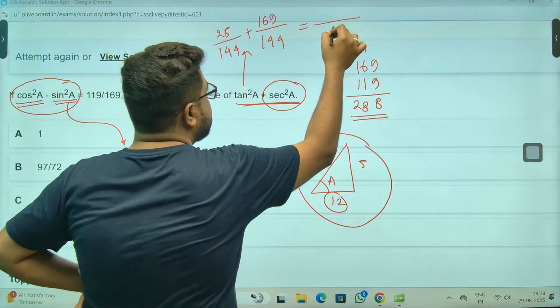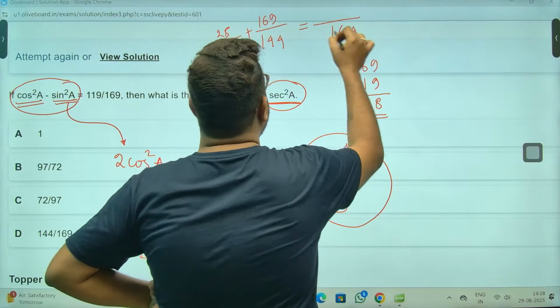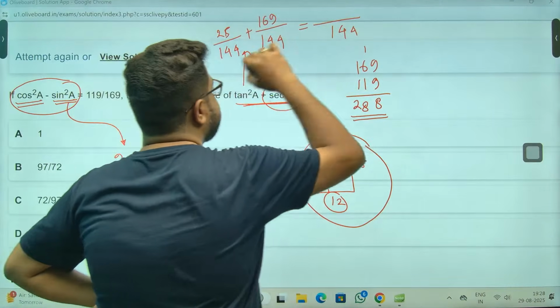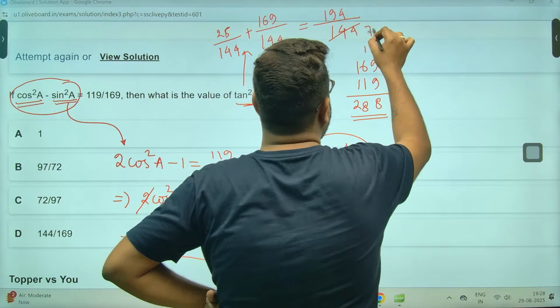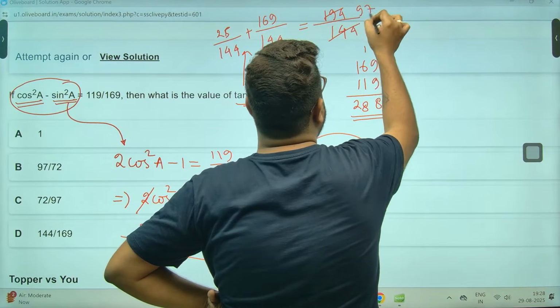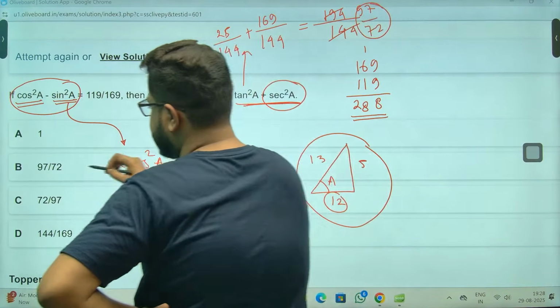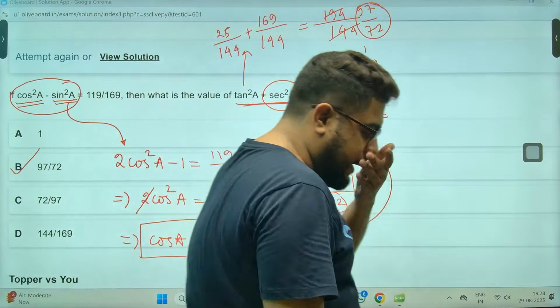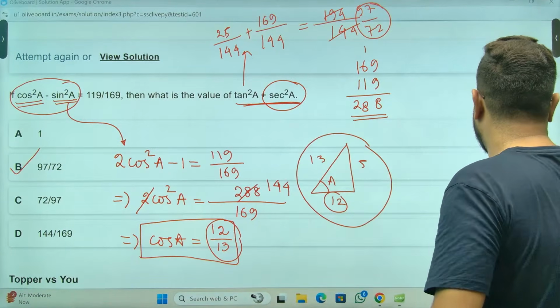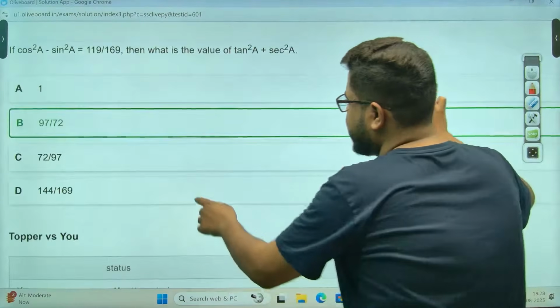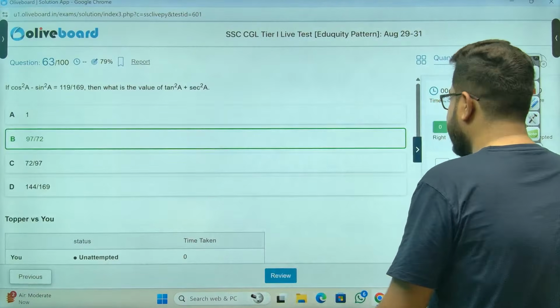So below it will be 144, and this will be 170, 195, 194. 2 by 72, 2 by 97. 97 by 72. Yes, sir, option B. Option B, 97 by 72, a little calculative. Definitely, that's your answer. Perfect, sir.